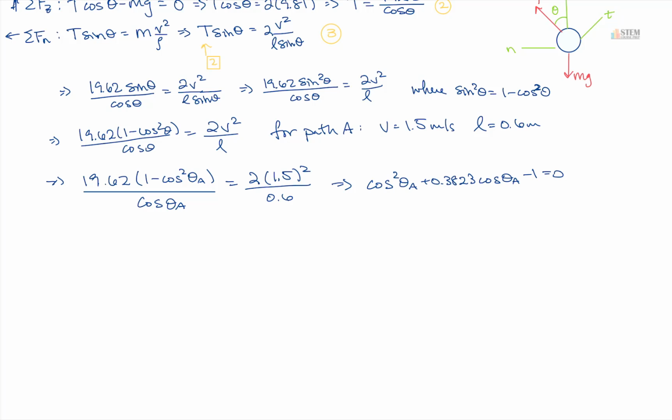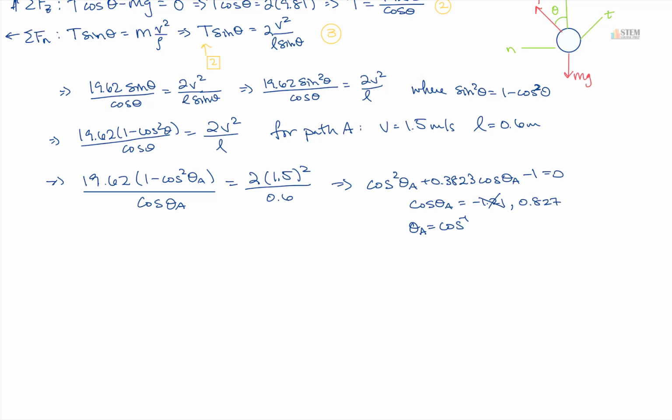Now when you solve that with the quadratic equation, you get two values, right? You're going to get cosine theta A equals negative 1.21, and then you get 0.827 roughly. Now if you try to do the arc cosine, this one here is not going to work, so we're going to want to use the 0.827.